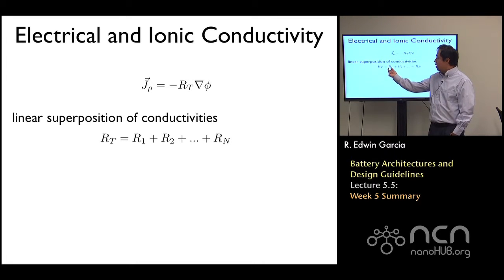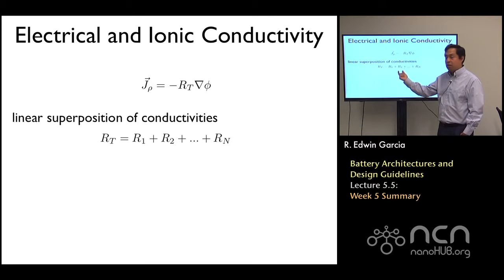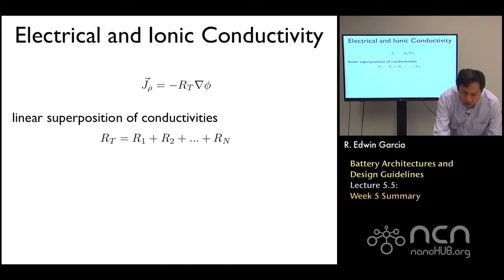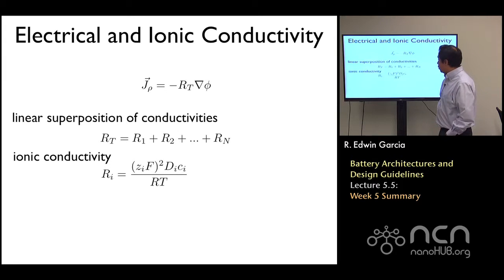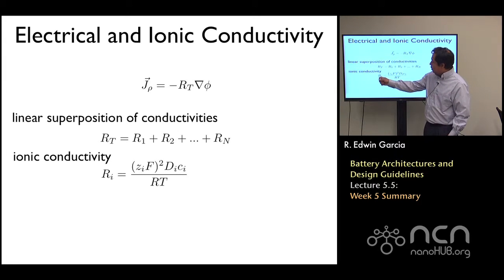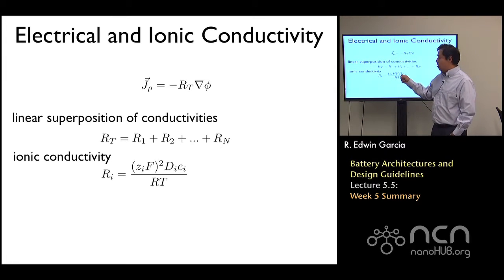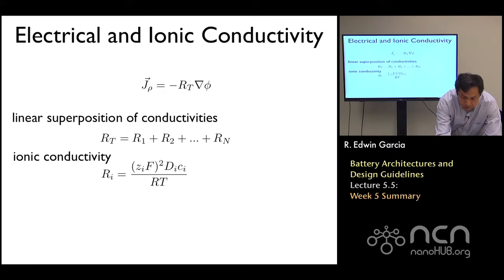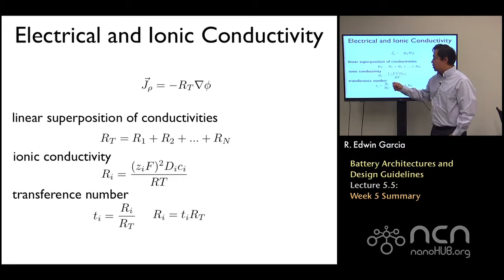Say if you have electrons and lithium ions and different types of defects, as they contribute to the conductivity, you can add them into the system, allowing you to thus define the conductivity as a function of the diffusivity of the system, and then specify the transference number.